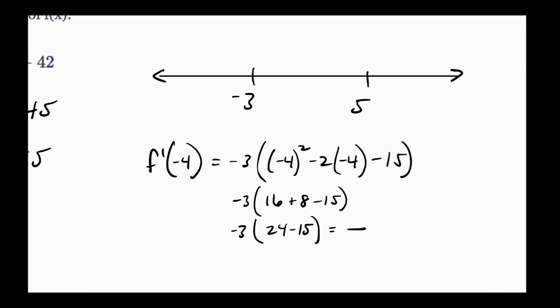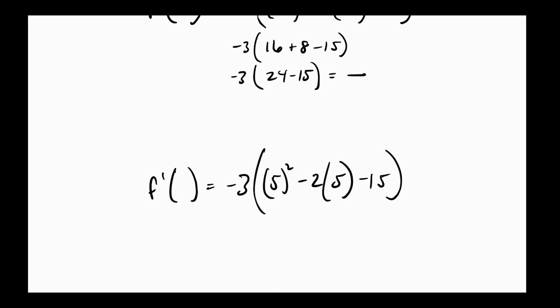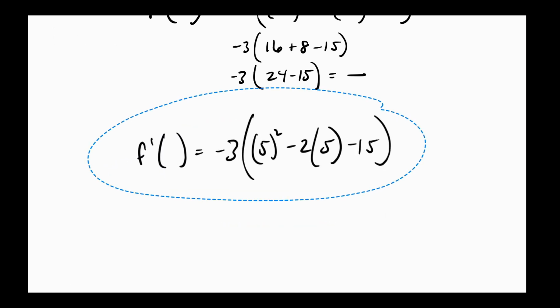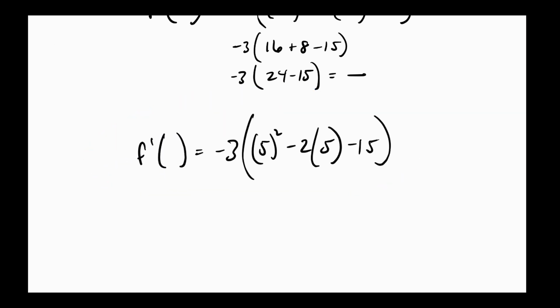So out here I put negative signs. Now, in between negative 3 and 5, I'll use 0. Anytime you can use a 0, it's always beneficial to you, because 0 cancels things out.